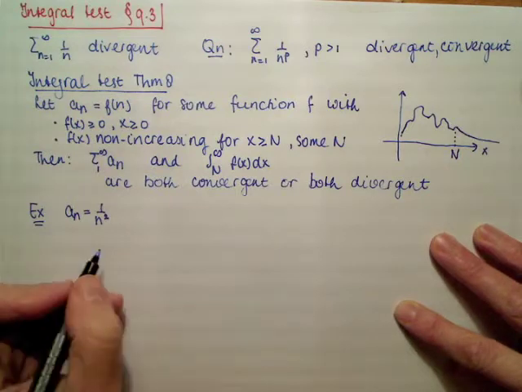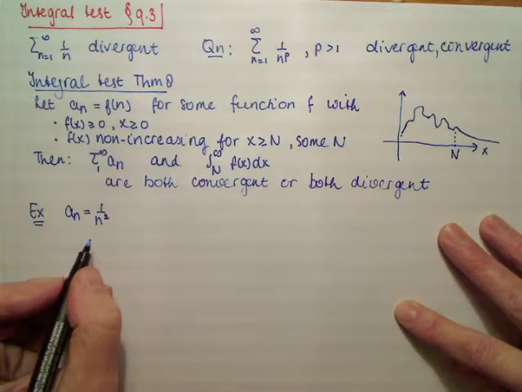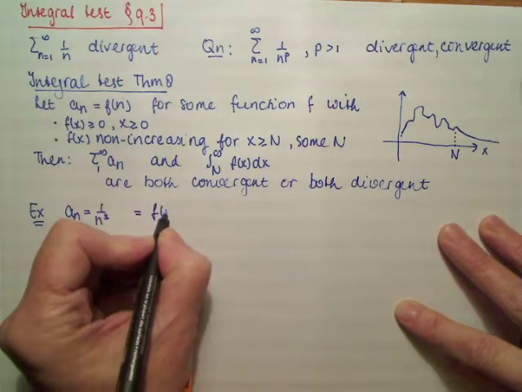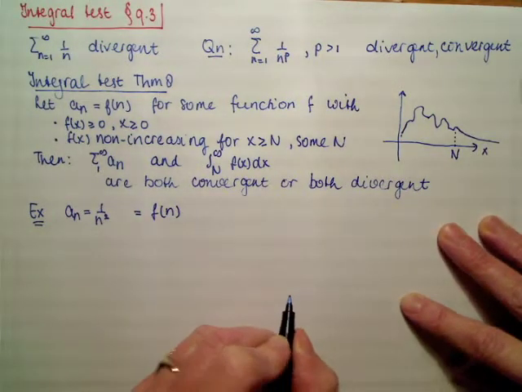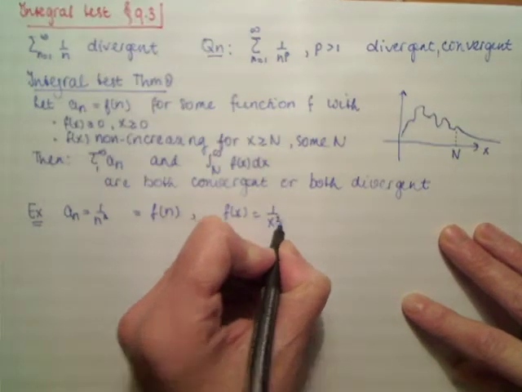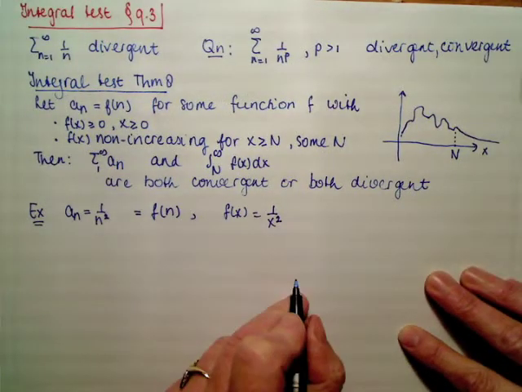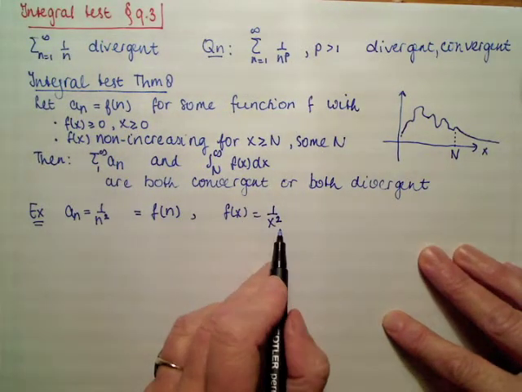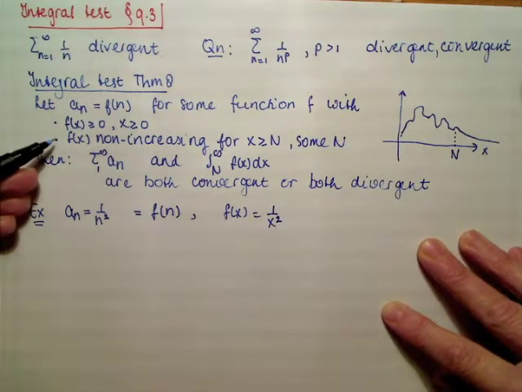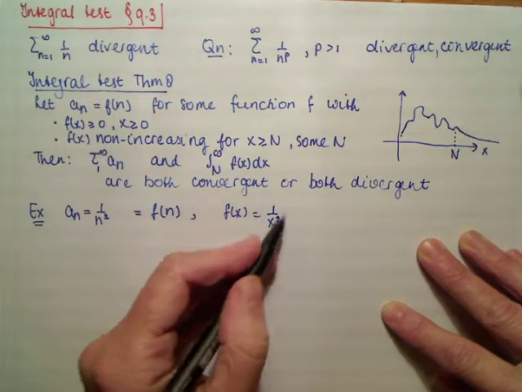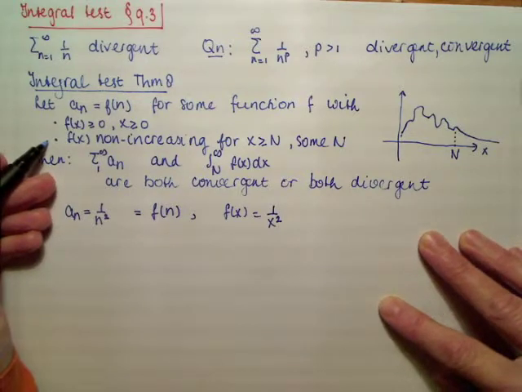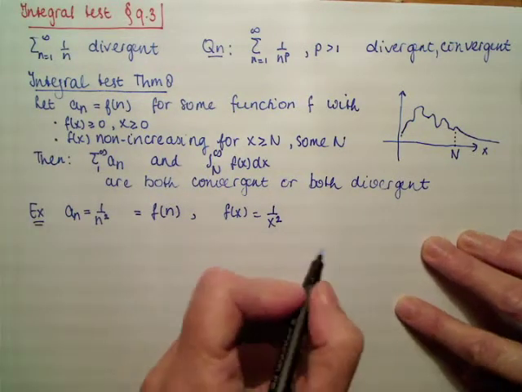Okay, are we in the situation of the integral test? Yes, because a_n is equal to a function f applied to the point n if we take the function f of x equal to 1 over x squared. Now, does the function f equal to 1 over x squared satisfy the conditions of the theorem? Yes, because it's non-negative, and you know that 1 over x squared converges to 0 for x tending to infinity. It's non-increasing for all x greater or equal to 1.